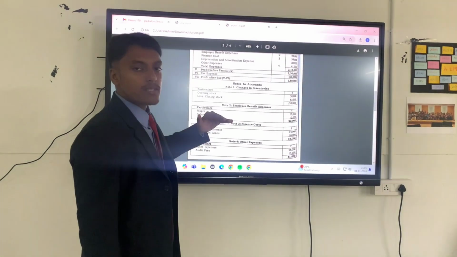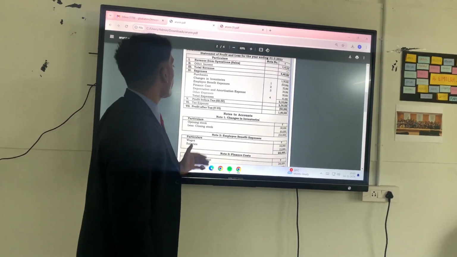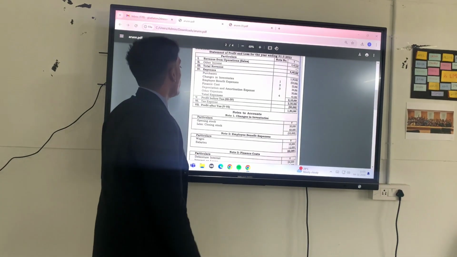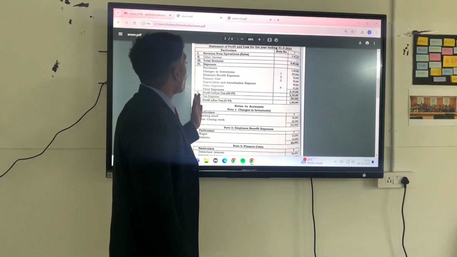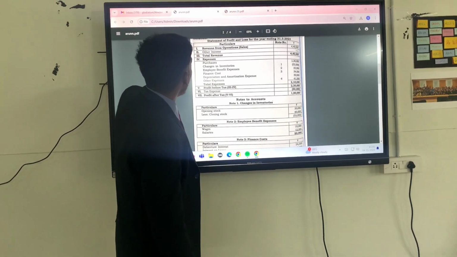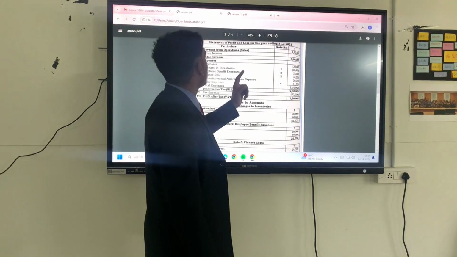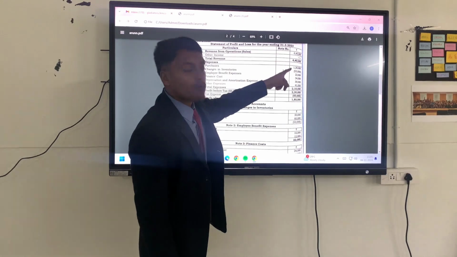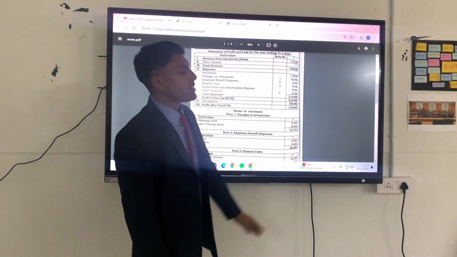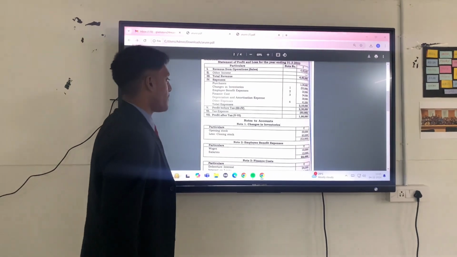Then we add all the expenses and get a total expense of 2,10,000. Then profit before tax is total revenue minus expenses. So we subtract 2,10,000 from 4,40,000, which gives 2,30,000.